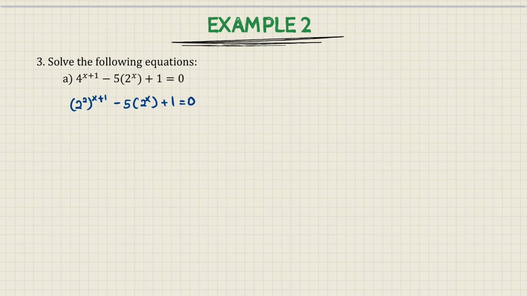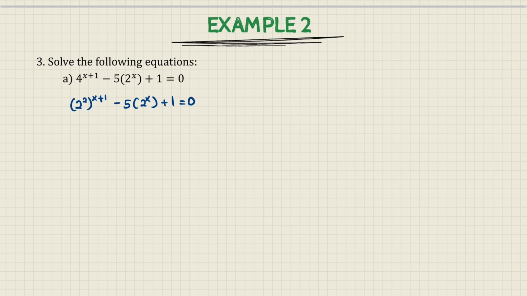Okay, hint kepada kita nak ubah dia kepada quadratic equations kan. So the first one, base 2 ini kita nampak dia adalah power of x, but the other one adalah 2 to the power of 2x. Okay, so kat sini kita boleh gunakan quadratic equations lah.